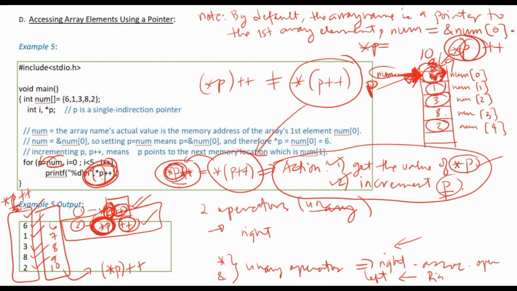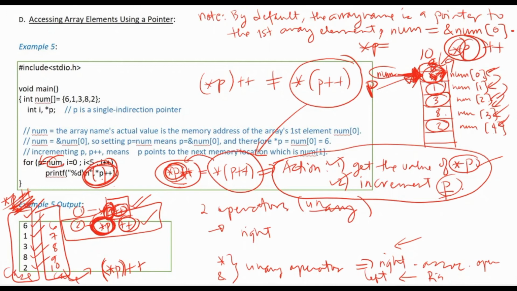The action here would be to initially set p to point to the first element, num[0], and then every iteration, you make p point to the next element. So p is moving from the first element to the last element in the first case. But in the second case, when you use this one, p is not moving.